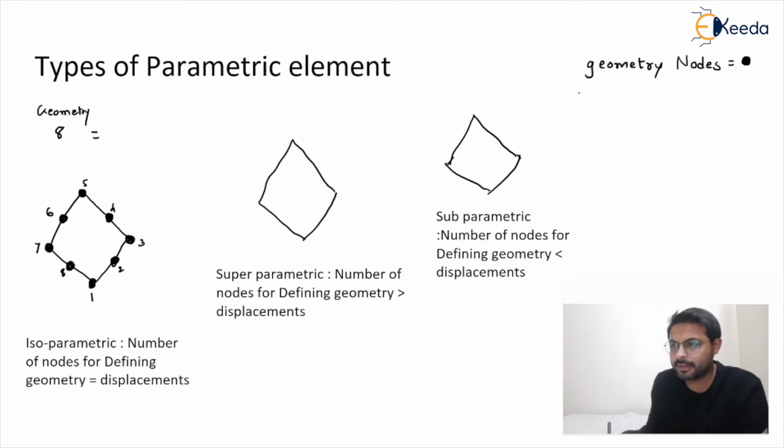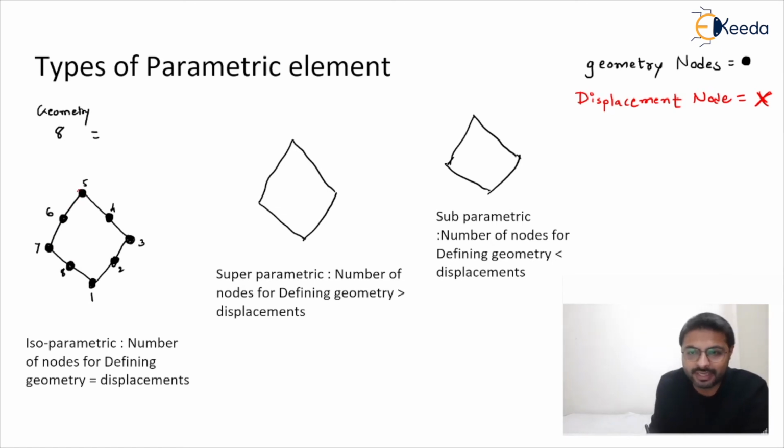If an element has the same number of nodes defining geometry and the same number of displacement nodes, like this, 1, 2, 3, 4, 5, 6, 7, 8, so the displacement nodes are also 8, then it is known as an isoparametric element.